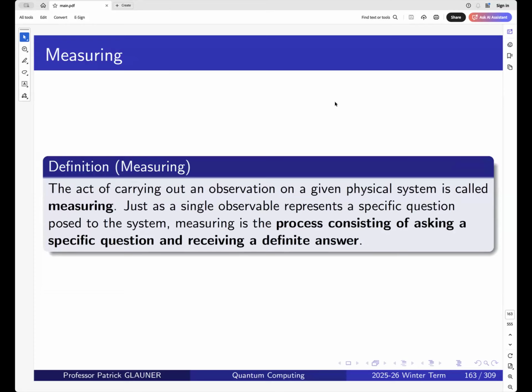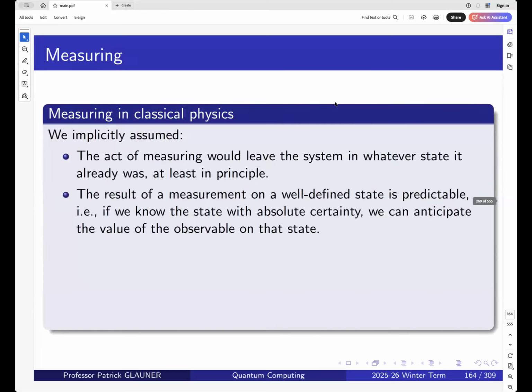Because when we start a quantum experiment, we initialize the qubits with classical values, then we create a superposition. How to do all of this from a computational perspective will be covered next week. But then we have our quantum system and we do operations, and eventually we need classical results, which are 0 and 1. And for that, we need to do a measurement on the qubit.